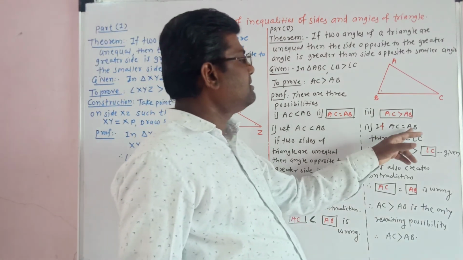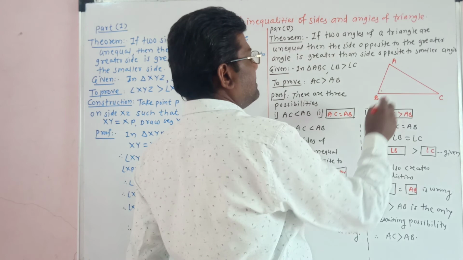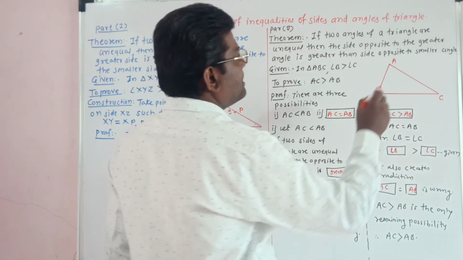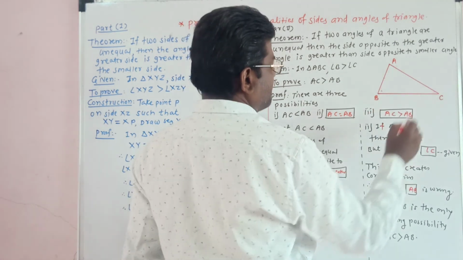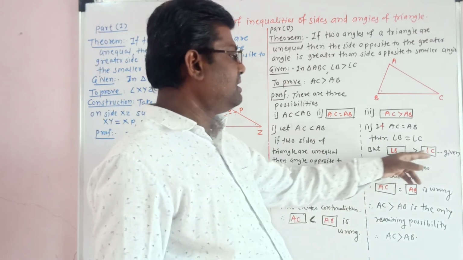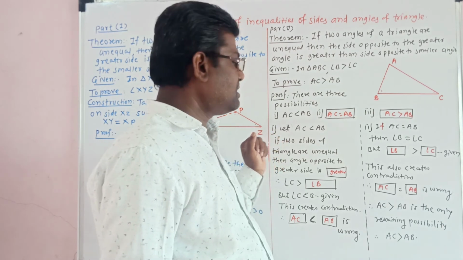If AC is equal to AB, these two sides are equal, then according to the isosceles triangle property, angle B is equal to angle C. But it is given that angle B is greater than angle C. This also creates a contradiction.